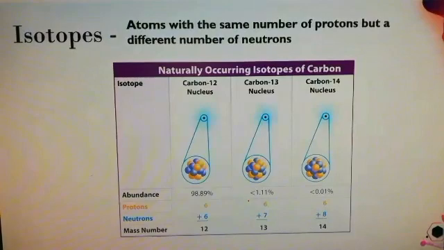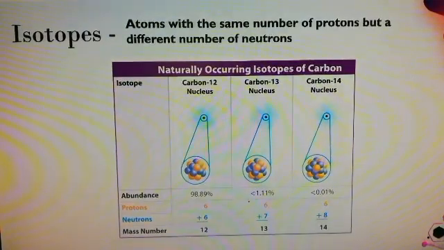Okay. Now, all the atoms of a given element have the same atomic number: 1 for hydrogen, 6 for carbon, 15 for phosphorus, and so on. Pero pwede silang magkaroon ng iba't ibang mass numbers depending on how many neutrons they contain. So atoms with the same atomic number but different mass numbers are called isotopes.